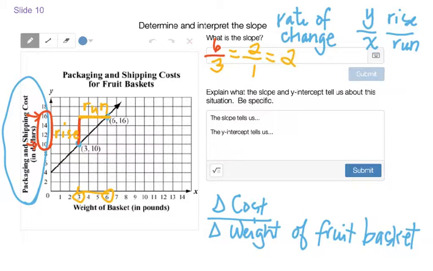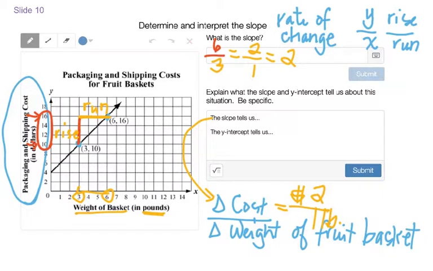So what that means, the slope tells us that the cost is changing by $2 for every, are we looking at the weight of baskets? In pounds. For every 1 pound of my fruit basket. So that is how my packaging and shipping cost is changing.